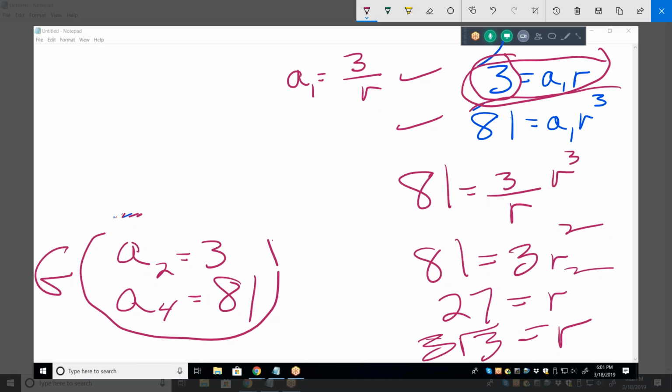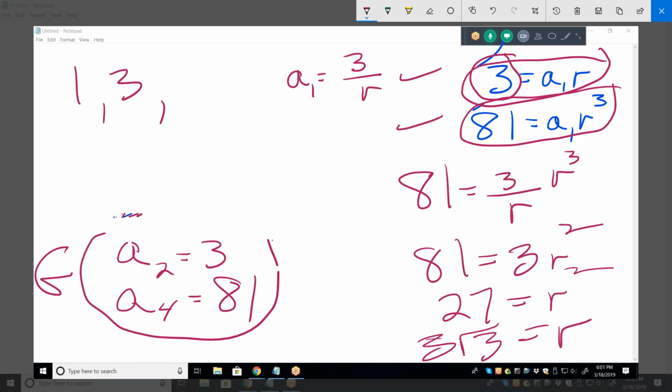So this equation is correct. Why am I not getting the right answer? R, we know, is 3, right?